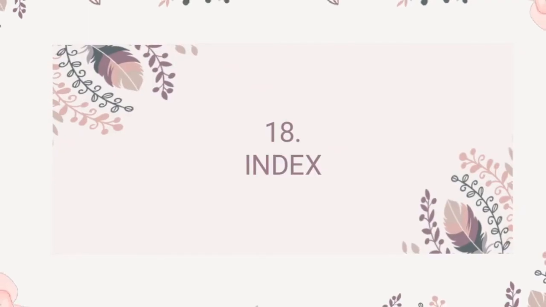Number 18. Index. The index is located at the back of the publication, telling readers where in the report they can find certain ideas or concepts that may be closely related.